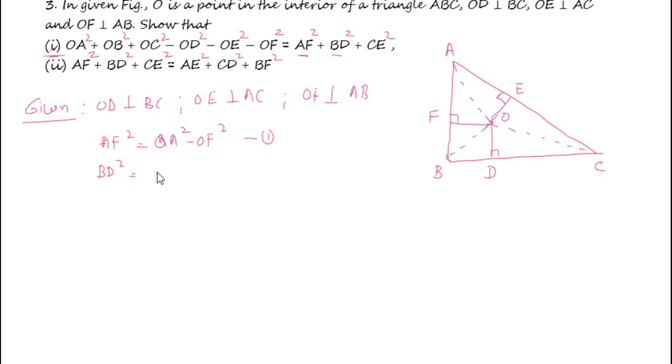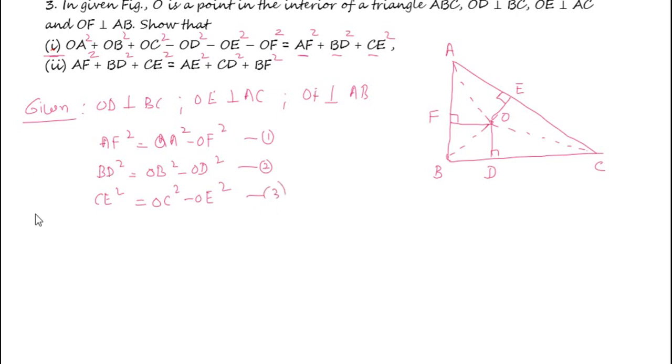BD square is OB square minus OD square. This is 2. And the last one is CE square. CE square is equal to OC square minus OE square. This is 3.